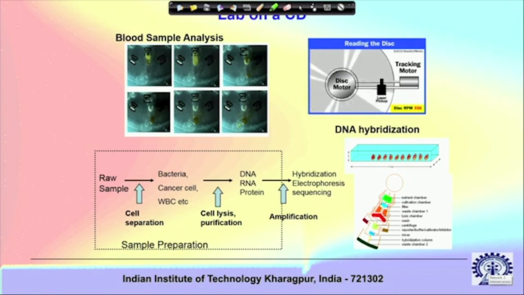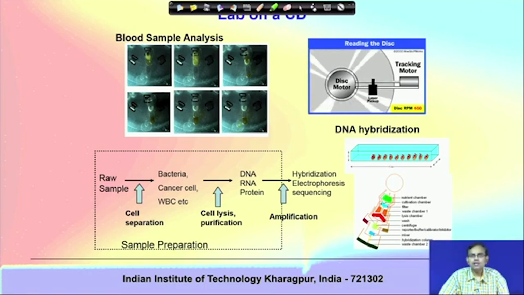Not only that, many other possible tests could be done in conjunction with this. For example, you could have many other activities which are relevant to doing the test, like for example, if you are doing a DNA, RNA or protein analysis, the first stage before doing the DNA analysis is to break the cell and bring the DNA out of it, which is called as cell lysis.